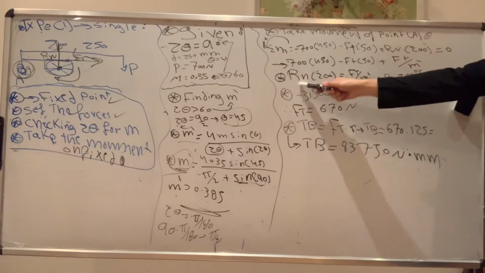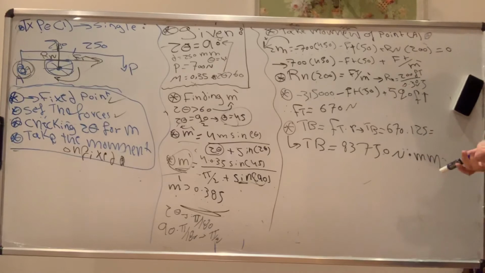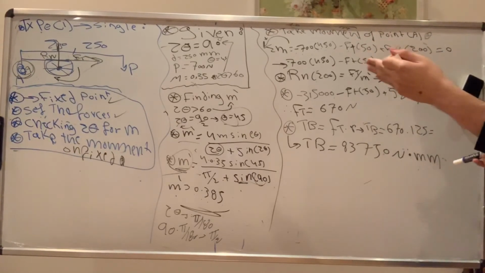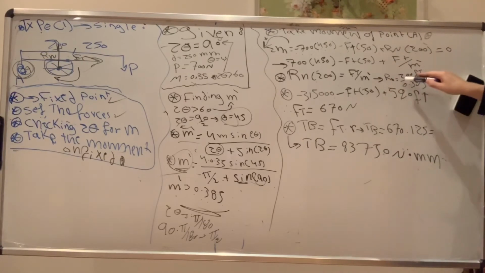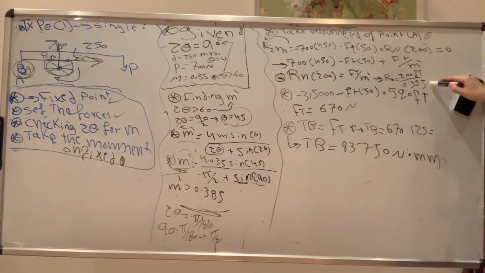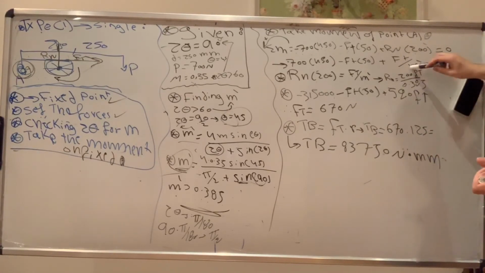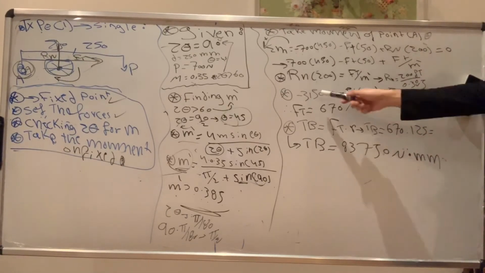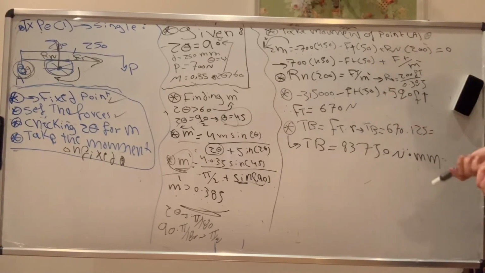So I take the RN to the other side, and I get 200 FT over 0.385. Great, so I have everything. I substitute into this equation, so I have one unknown, one equation, and get FT. That's all, easy peasy.